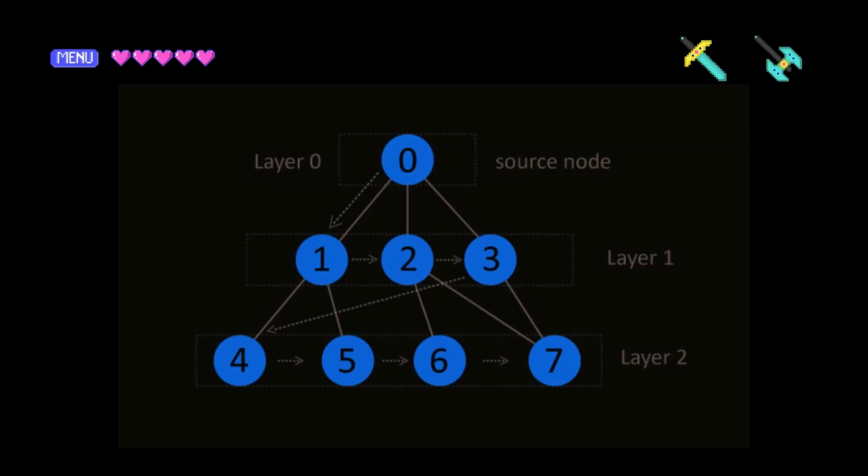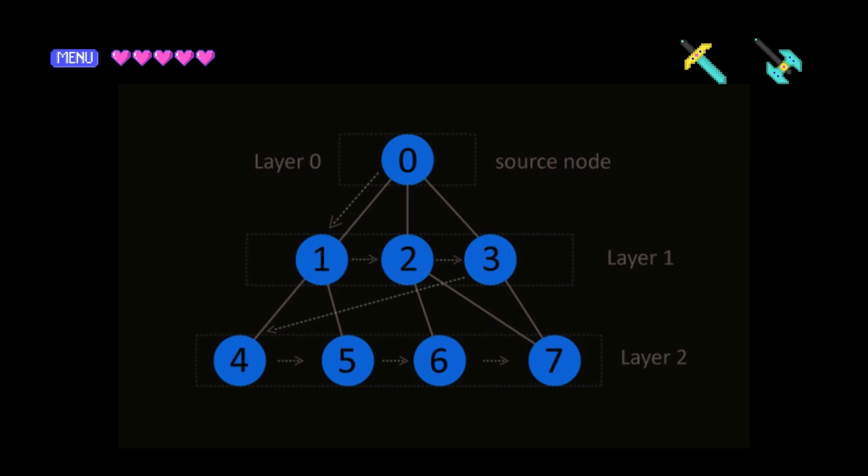As an example, you can see here it starts with the source node, the root node, 0. From 0, it goes to 1 because it is the nearest to 0. After 1, you will not go to 4 or 5, you will go to 2 because 2 is the closest to 0 after 1, and then go to 3.